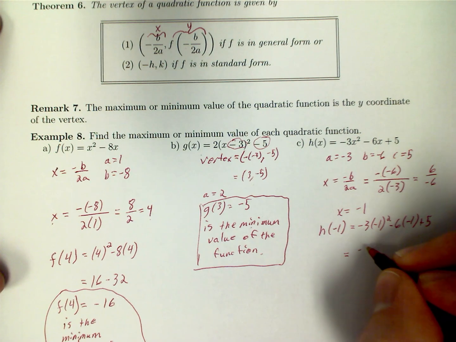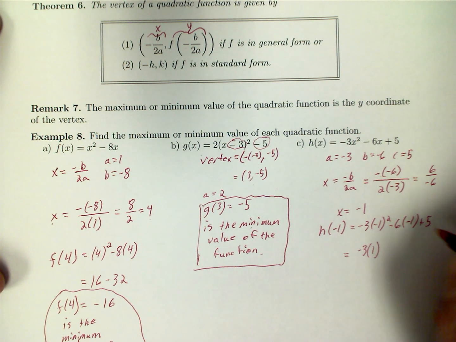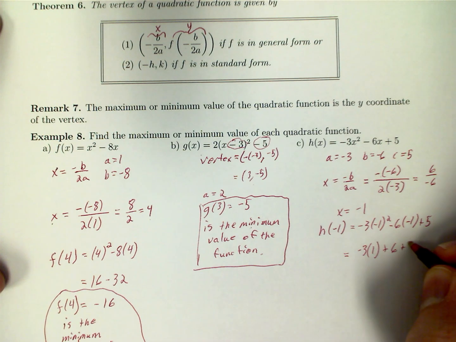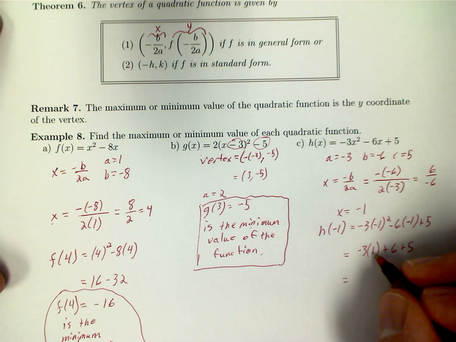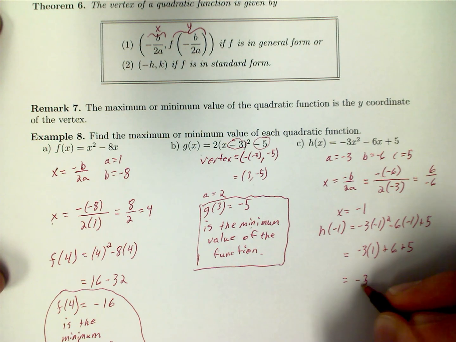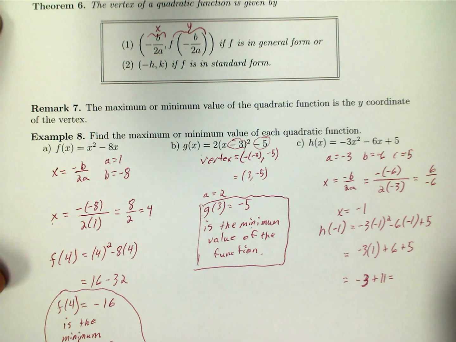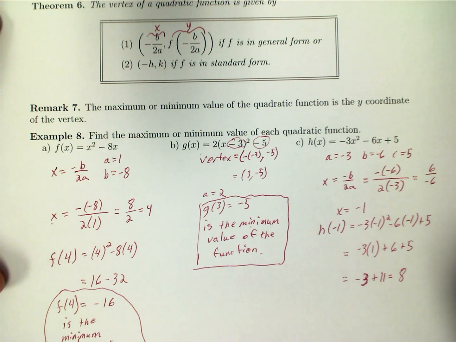We have negative 3 times 1, since negative 1 squared is positive 1. Negative 6 times negative 1 is positive 6, plus 5. Negative 3 times 1 is negative 3. 6 plus 5 is 11. And then negative 3 plus 11 is 8.